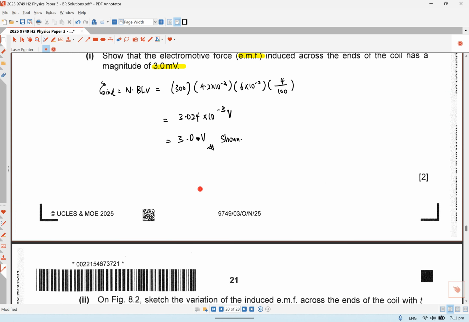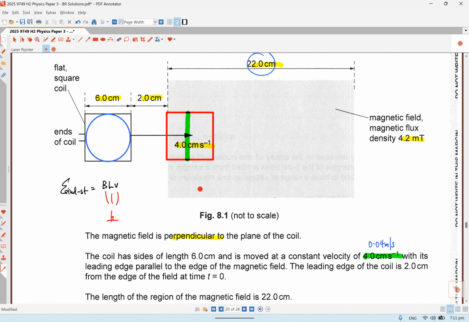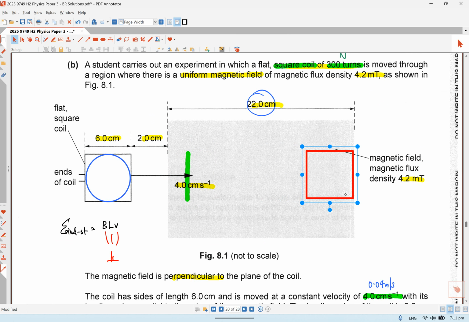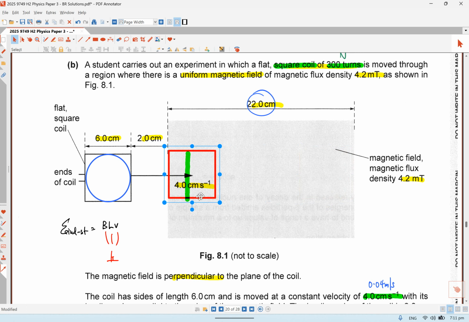Now, when the coil is moving within the field, so from here all the way back here, within the field, EMF must be 0. So you know that your coil side, which is this, is 6 cm. So to travel from this point all the way there is going to be 22 minus 6 cm. So that is the distance.